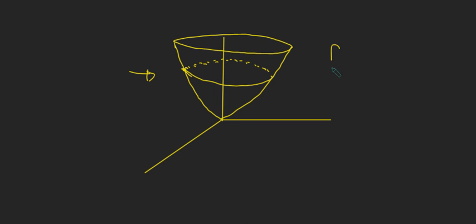If you cut this picture in a specific height, you will get, let me draw it, a circle, excuse me. So this is the sketch for the function f of x, y equals to x squared plus y squared.